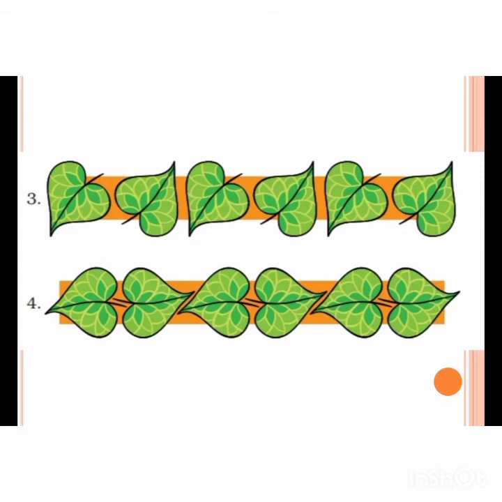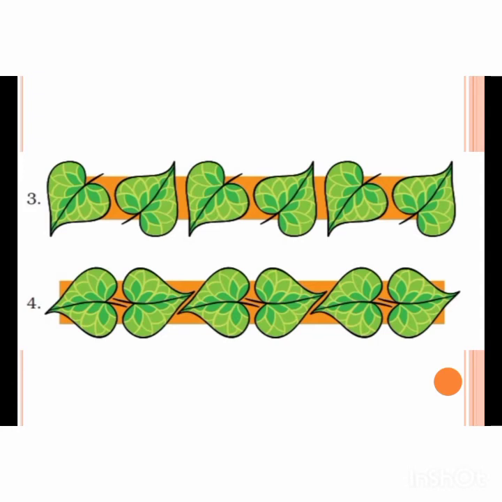Second is slanted in such a manner that the tip of the leaf points upward direction of right hand side. Similarly, one leaf is slanted downward on the left hand side and the next leaf is slanted upward on the right hand side, and this pattern is continued. Clear? Very good.